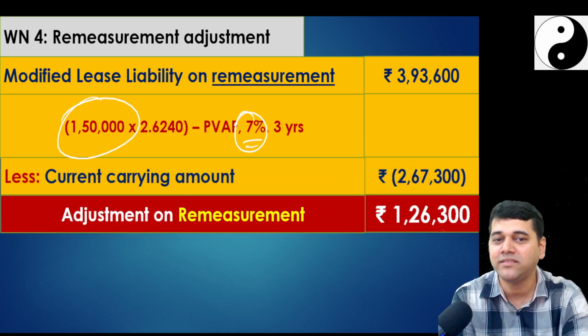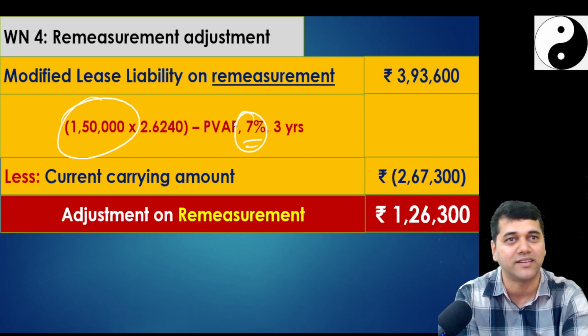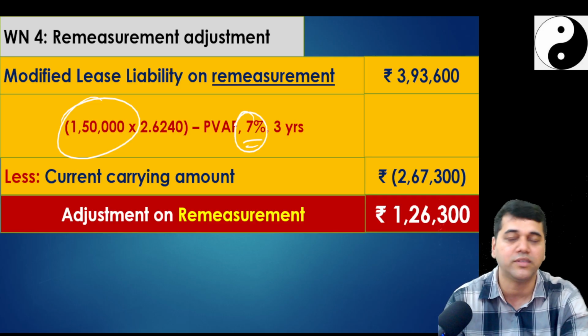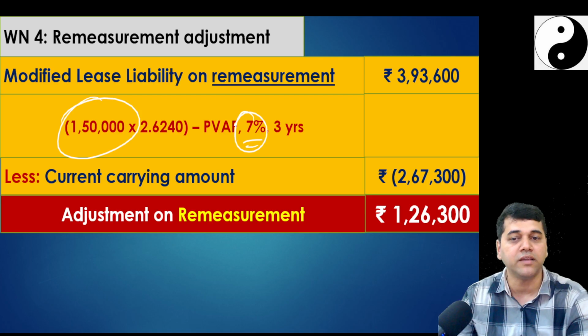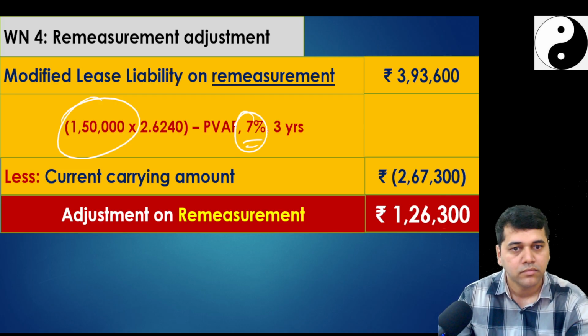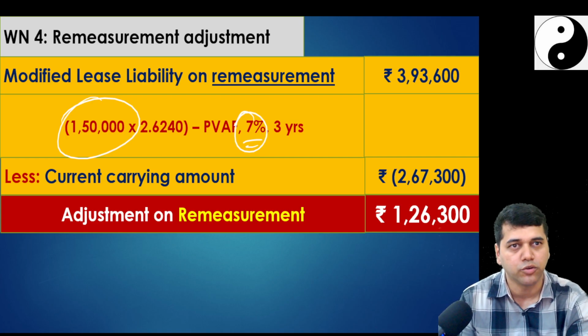What is my current balance? 2,67,300. So remeasurement adjustment will be 1,26,300. For this, what accounting entry will I pass? Yeah, we can pass an adjustment entry together.